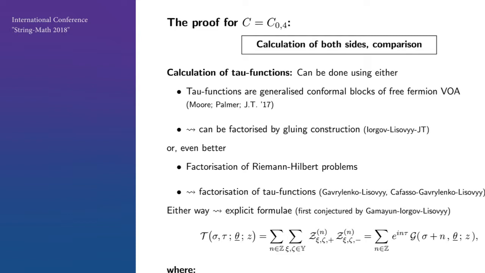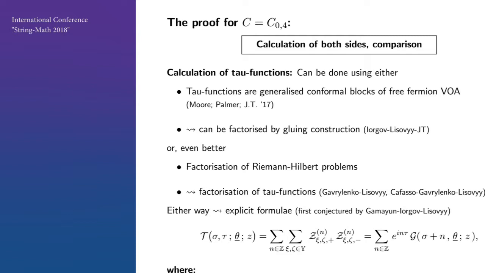In particular, we know we can glue conformal blocks from surfaces of lower genus, lower number of punctures, if we have defined them on simpler surfaces, in order to get the conformal block on more complicated surfaces.